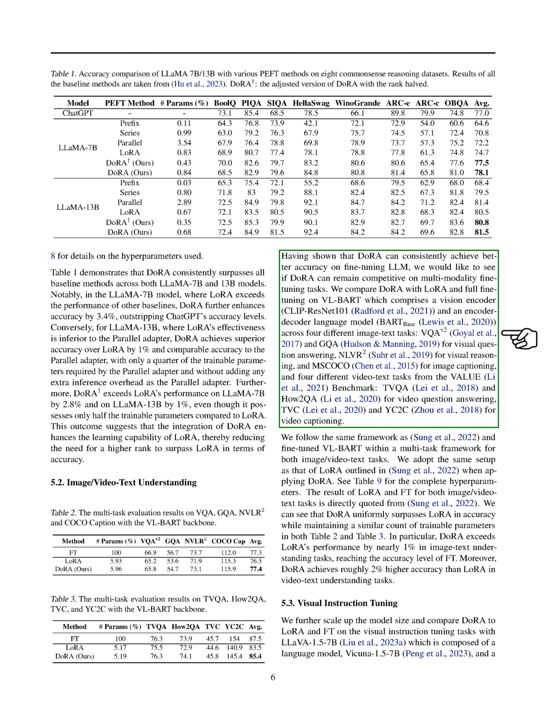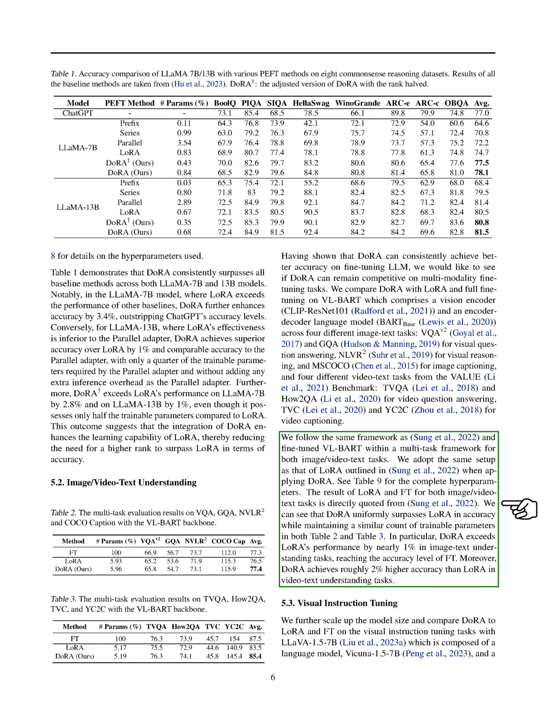Moving on to image-video text understanding tasks, we aim to see if DoRA remains competitive in multimodality fine-tuning tasks. We compare DoRA with LoRA and full fine-tuning on the VL-BART model, which includes a vision encoder and an encoder-decoder language model, across various tasks related to image and video understanding. Following the established framework, we fine-tune VL-BART for both image and video text tasks within a multitask framework.